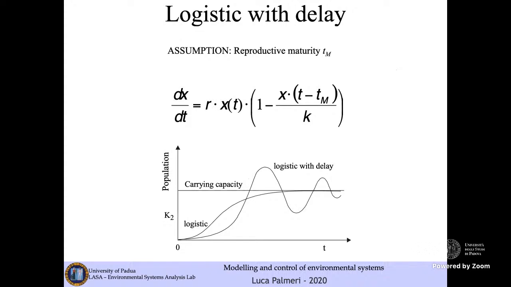There are other examples of particular applications of growth rate models. In this case, for example, we may assume that not all the offspring organisms are immediately ready to duplicate themselves. Instead, we have to wait a time that we may call reproductive maturity.